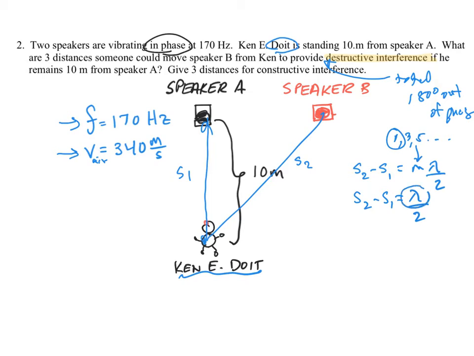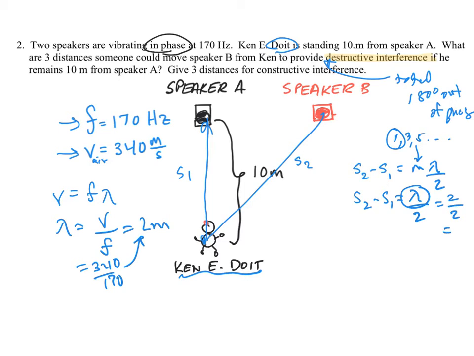But we've got to figure out what lambda is for a 170 hertz tone in air with 340 meters per second velocity. We're going to have to use our wave equation. So lambda is V over F. Lambda is 2 meters, because that's 340 over 170. Okay, so if lambda is 2 meters, then 2 over 2, the difference has to be 1 meter.